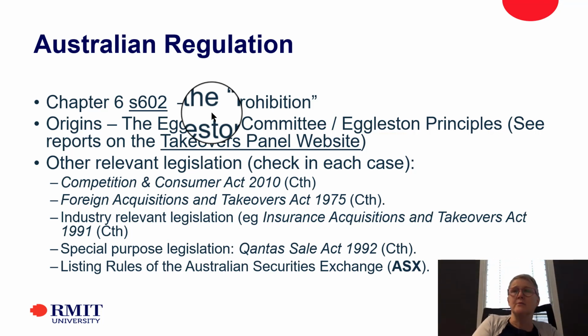And of course, the listing rules of the ASX are relevant only when a company is listed. So when we're talking about a takeover in the context of an unlisted public company, we're just dealing with the Corporations Act. But when we're dealing with a listed company, then we need to deal with both.